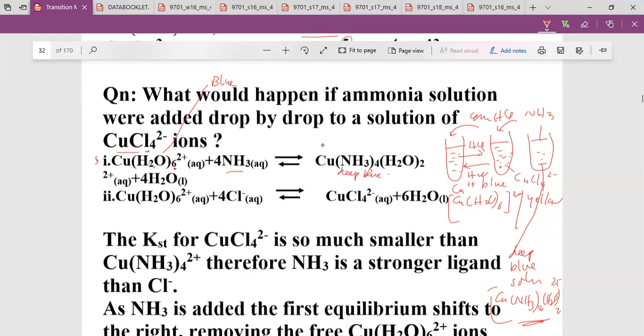Of course, you are asked for your Kst, the stability constant. You put copper, NH3 bracket 4, and the water must be put down here as part of the complex. Over copper 2 plus and NH3 to the power 4.